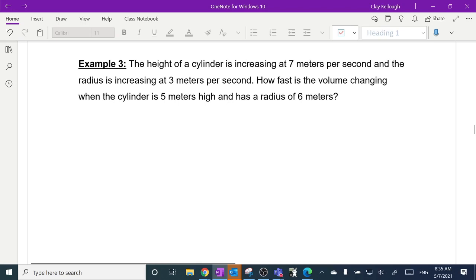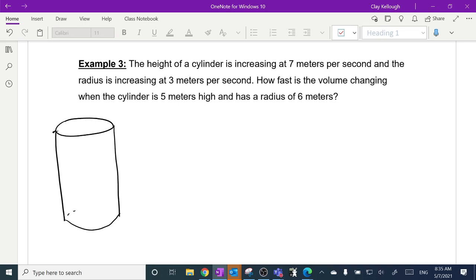Okay, so let's quickly sketch a cylinder. Okay, and of course a cylinder has a radius and a height. Now let's take inventory of our givens. We know that the height of the cylinder is increasing.